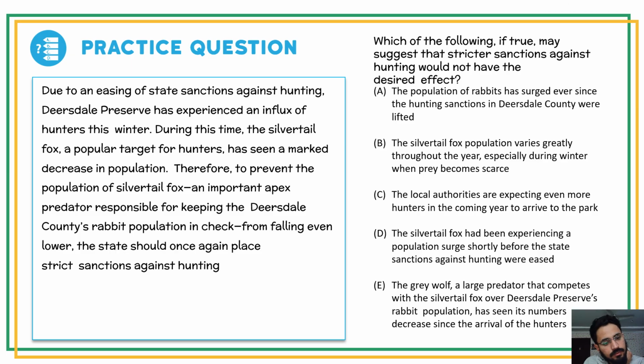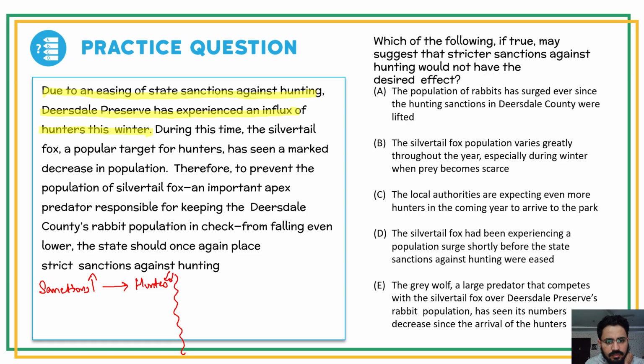So, due to an easing of state sanctions against hunting, Deersdale Preserve has experienced an influx of hunters this winter. Influx is when there's a huge number coming in. So because of the lifted sanctions, lots and lots of hunters came to the preserve.